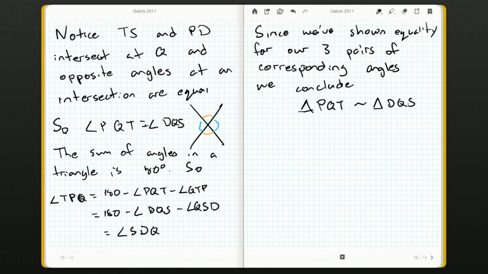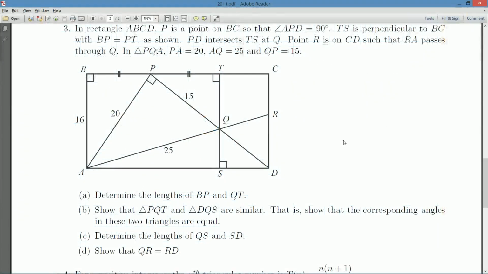DQS. Okay, and that's what we were asked to prove in B part. PQT and DQS are similar. Well, we just did that, and we did it exactly the way they asked. If there had been another way to do it, we probably would have wanted to only do it with the corresponding angles method, because that's the one they specifically talk about.